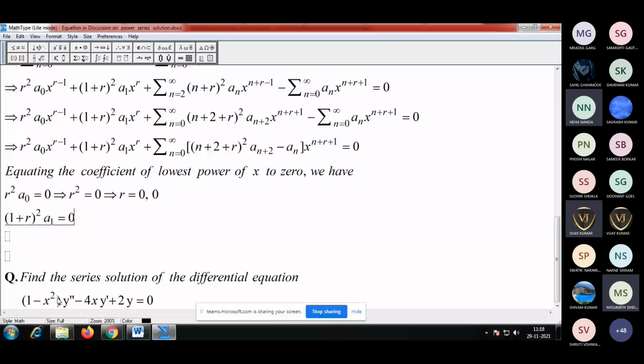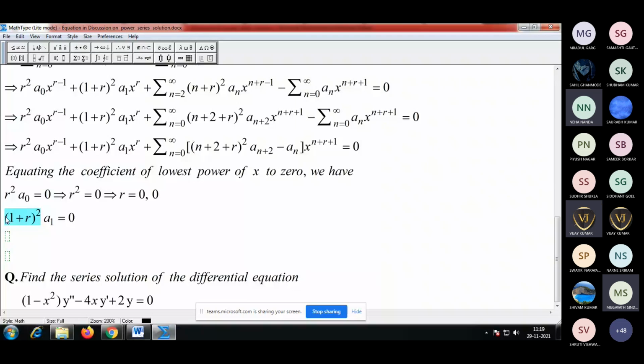Yes, Mithilesh? Yes, sir. Yes, please tell me. 1 plus r square into a1 is 0. It means either this term is 0 or this term is 0. Whether it may become 0?